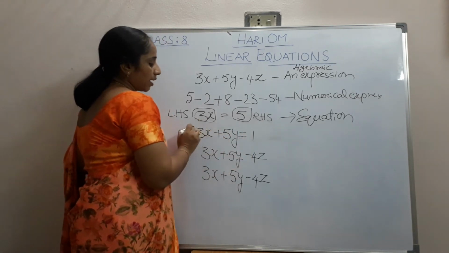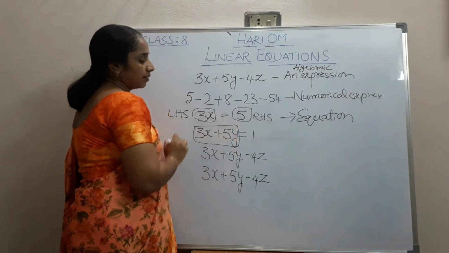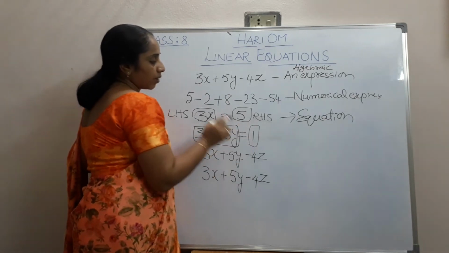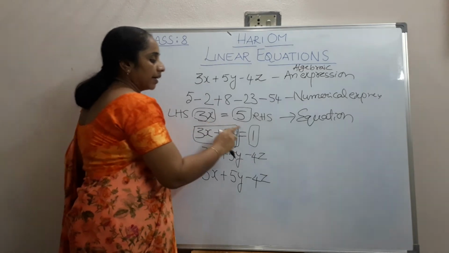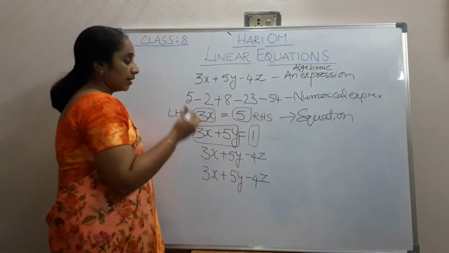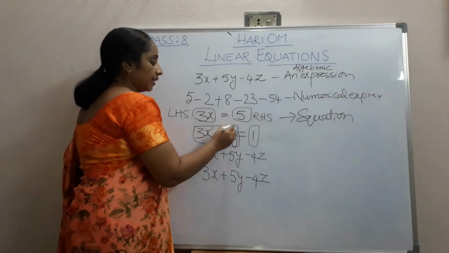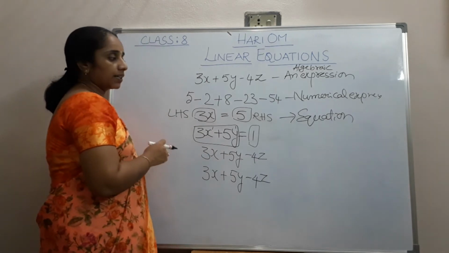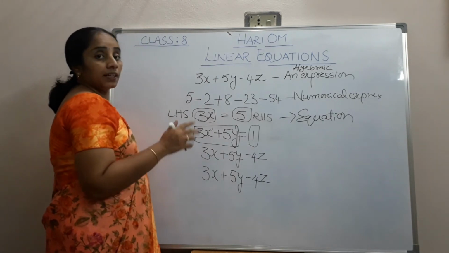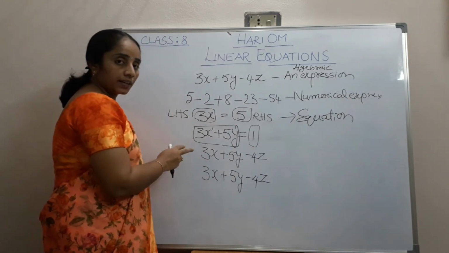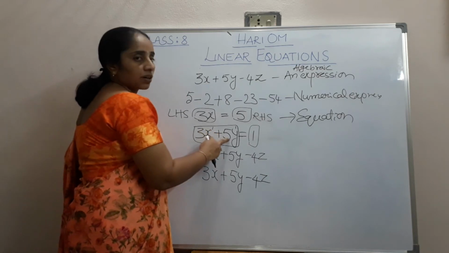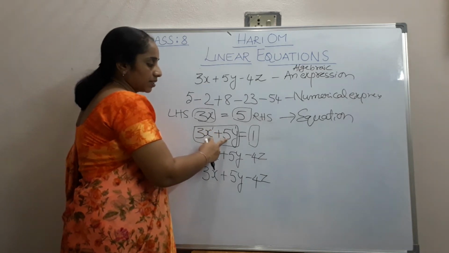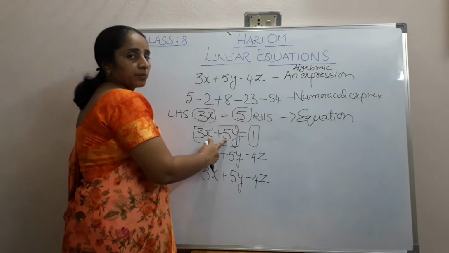Left side we have 3x plus 5y, and right side 1. Here their degree is 1, so it is a linear equation. How many variables are there here? Two variables, so that is a linear equation in two variables.